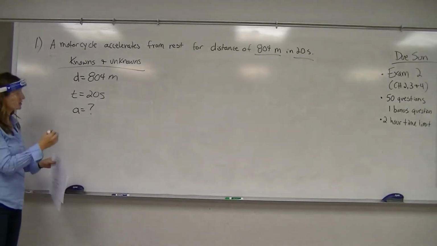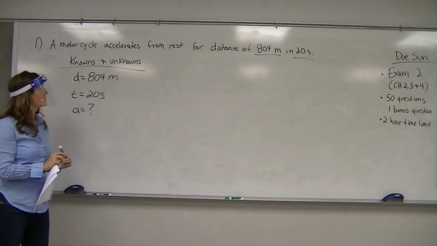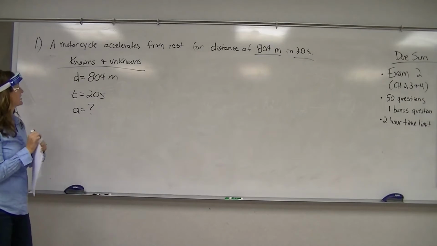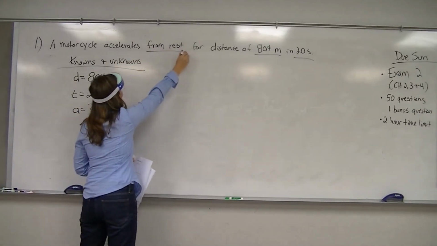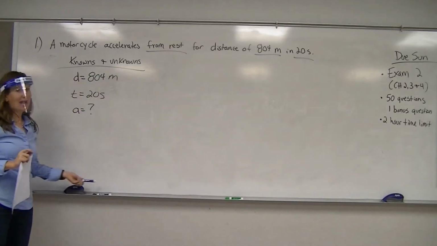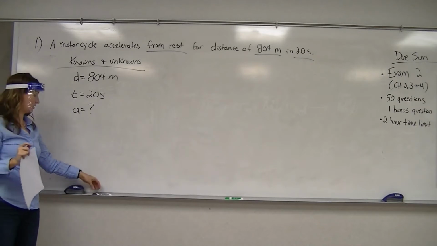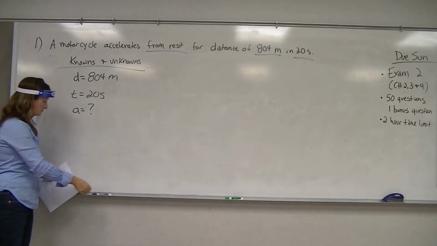We look at words in the problem itself to figure out what type. What helps me figure it out is it's saying the motorcycle accelerated from rest. That tells me it was initially not moving, so initial velocity is 0. So I'm going to use my 0 initial velocity equations.